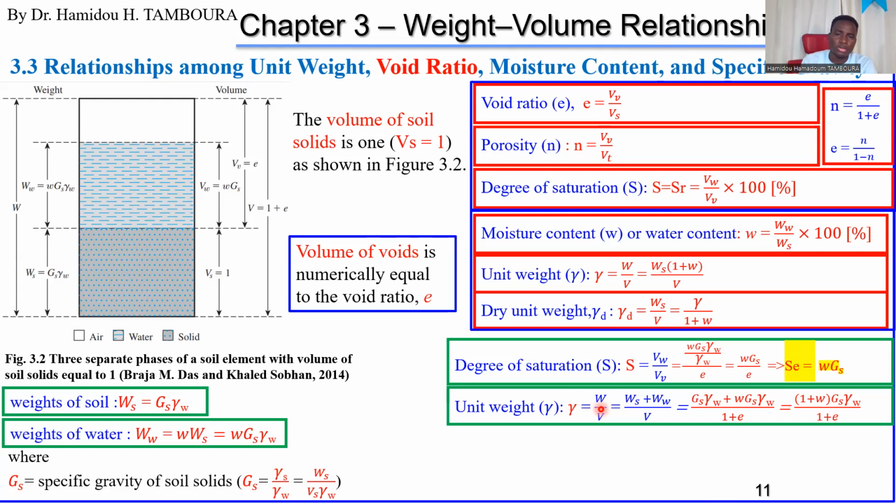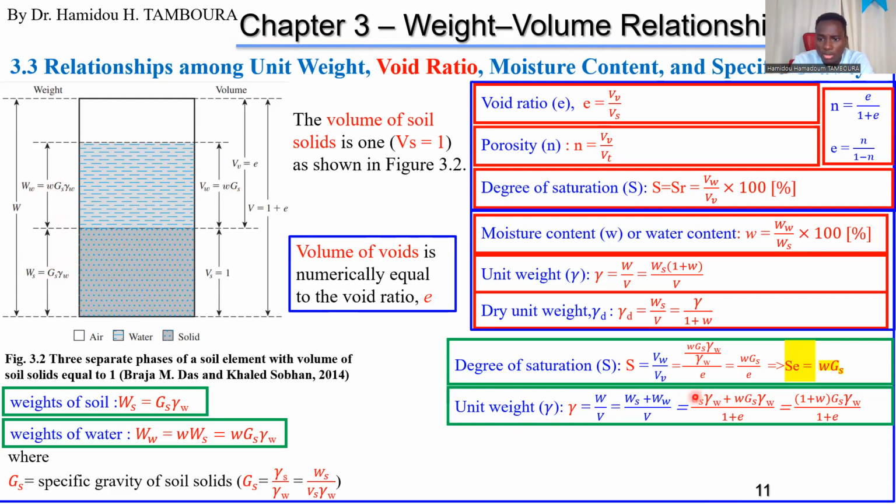That's the total unit weight. Okay, so if we come here, what will be the total weight? It will be WS plus WW. Weight of solid plus weight of water. That is what we did here.